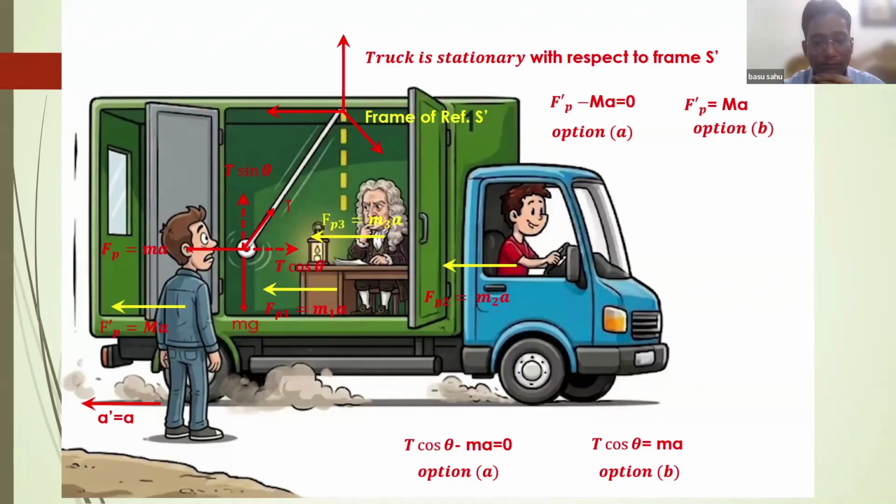But everything is happening like a non-inertial frame, like we are applying the pseudo force on the man also. So why don't we call from the frame of reference of the truck that the man is in a non-inertial frame?